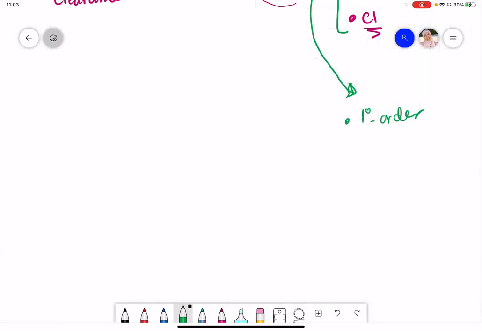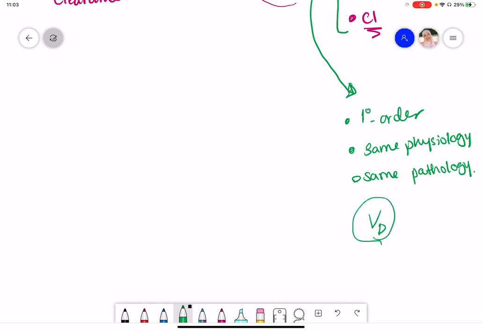which also means we are considering that we have similar physiology and similar pathology in the individual we are talking about when we are measuring the volume of distribution or the clearance of the drug. Why is that? Because sometimes, if the physiological condition is changing in the same individual or the pathological condition is changing, then the volume of distribution is not constant anymore.